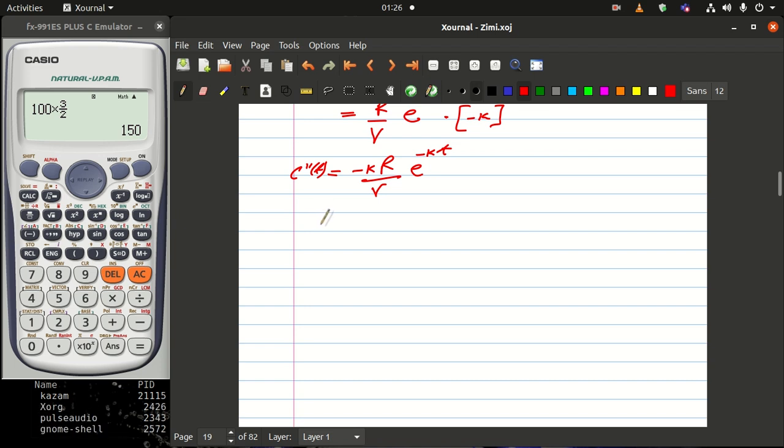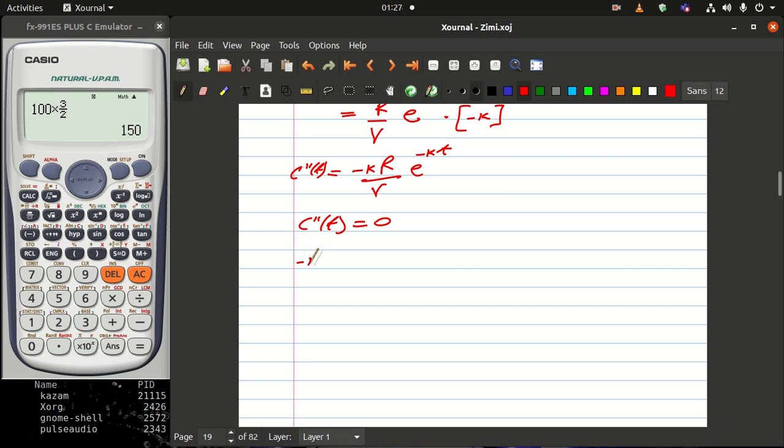Remember that for the first derivative to be maximum or minimum, the second derivative with respect to time is supposed to be equal to 0. So we want to solve for time.